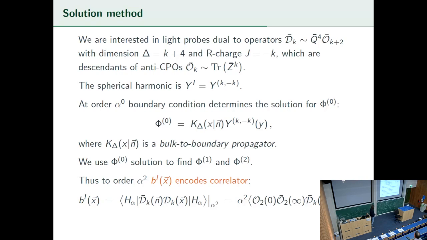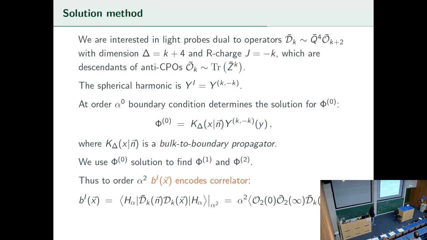These quantum numbers are essentially encoded in the lowest spherical harmonic on S5. So then we can find the solution for phi 0, which is simply given by the bulk-to-boundary propagator, K delta, from point x to point n on the boundary. And then we can use this solution to determine phi 1 and phi 2.